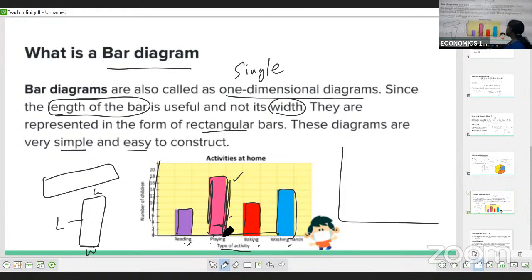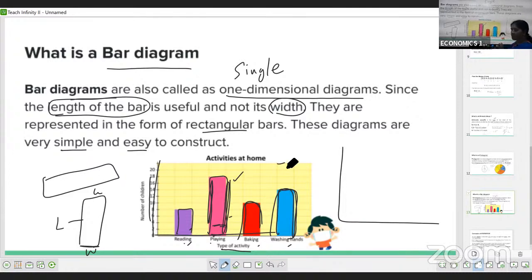After playing, the next one is washing, height wise or length wise. After that, baking. Then the least one is reading. It's not necessary to draw the diagram in order to explain how the bar diagram is. I gave it as an example.